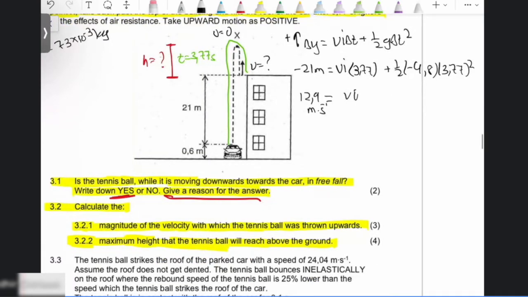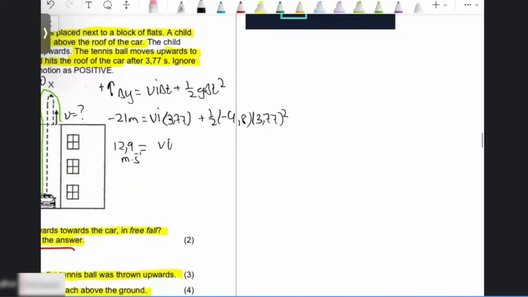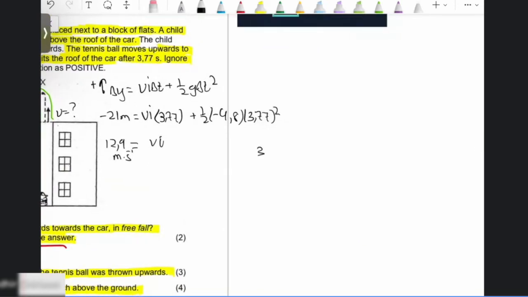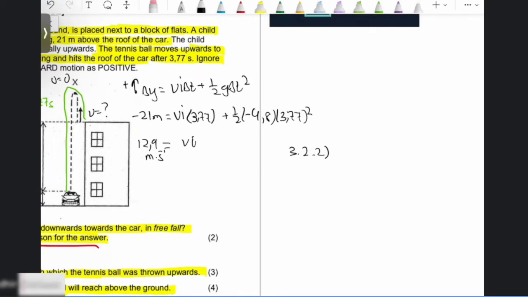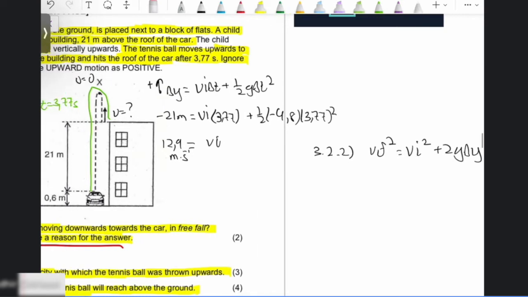Okay, so for 3.2.2, we want to find maximum height, so we can say that VF squared is equal to VI squared plus 2G delta Y. The VF at the top is 0, so that's 0 squared.